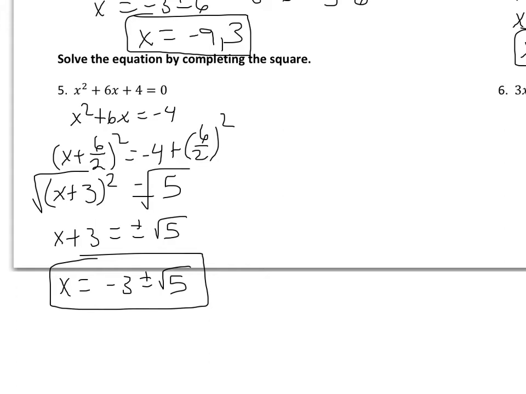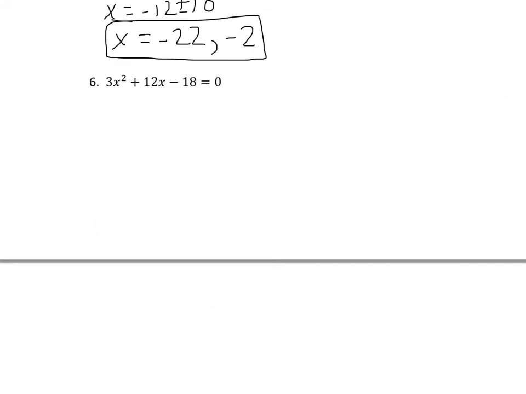Let's try another one. There's a couple things we have to do here. One, we have 3x squared. That's not good. Remember, it's got to be 1x squared. So go ahead, divide everything by 3. Then we get x squared plus 4x minus 6 equals 0. Nothing multiplies to negative 6 and adds to 4, so move it to the other side. So you get x squared plus 4x equals 6.